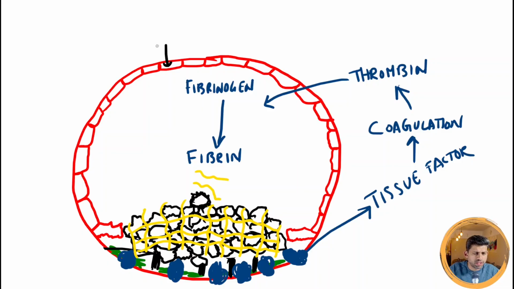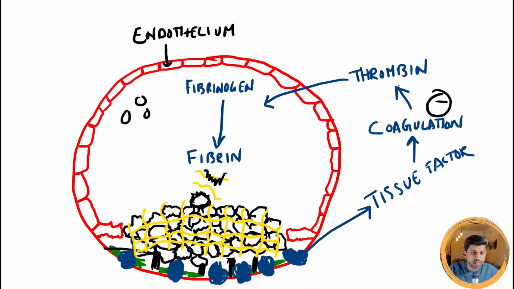At this point, it is important to recognize the central role of endothelium. Endothelium is not just a passive lining, it actively regulates hemostasis. Normal endothelium is antithrombotic. It inhibits platelet aggregation, inhibits coagulation, and promotes fibrinolysis.